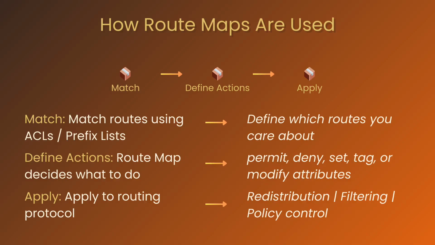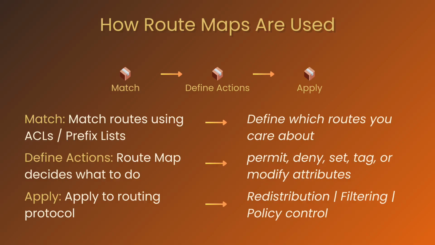So here's the basic idea behind how route maps are used. You always start by identifying which routes you want to match. Most of the time, that's done using either an ACL or a prefix list. The ACL or prefix list defines the networks, and the route map just references it with a match statement. Then, in the route map, you decide what happens to those routes. You can permit them, deny them, or modify attributes through set statements.